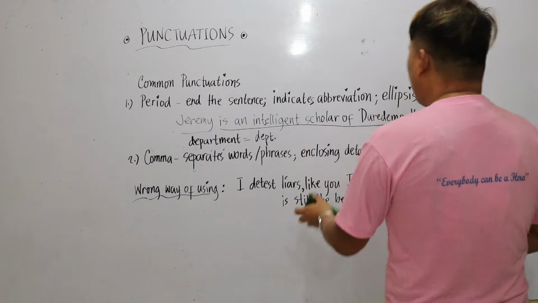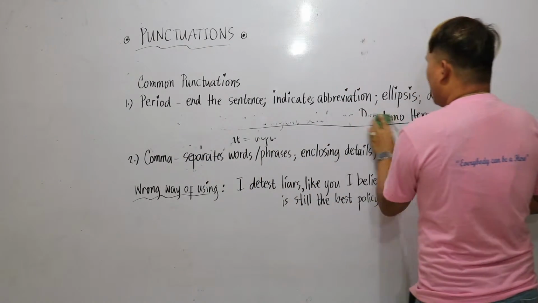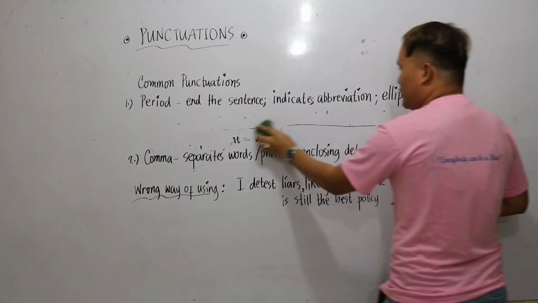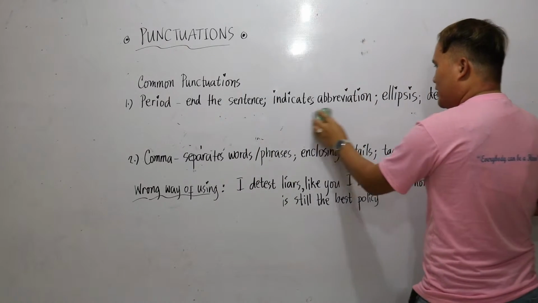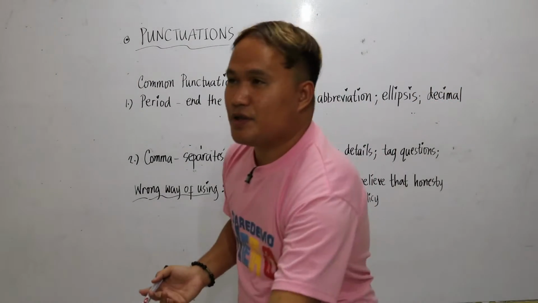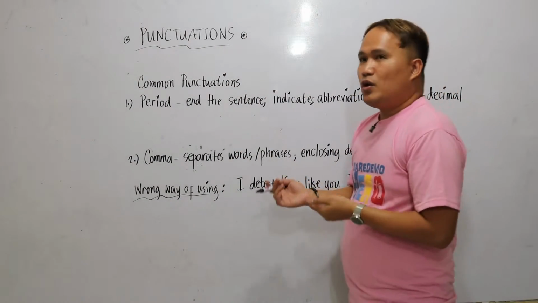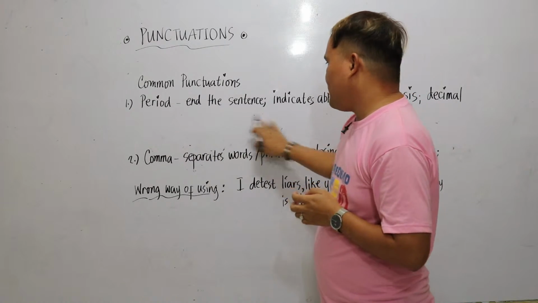Another function of period is ellipsis. Now, as I mentioned earlier, ellipsis is completely different from the period, because ellipsis is composed of 3 periods actually.